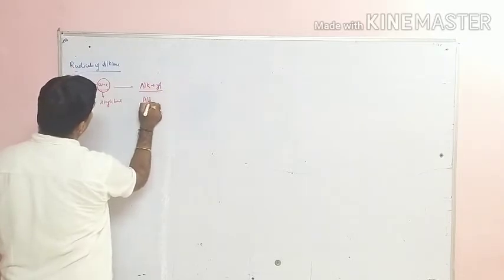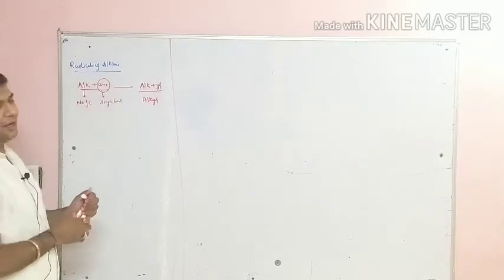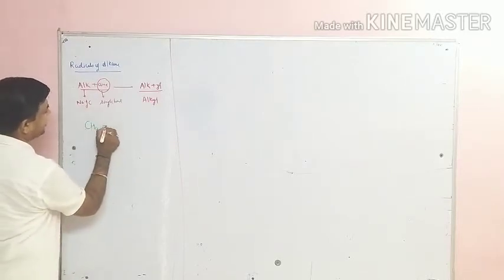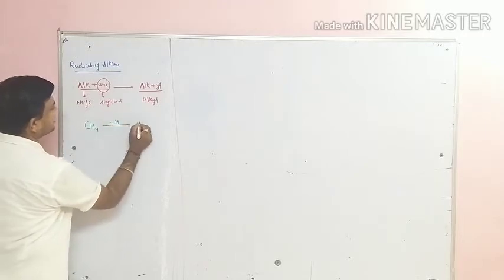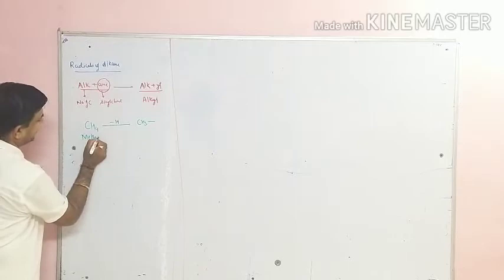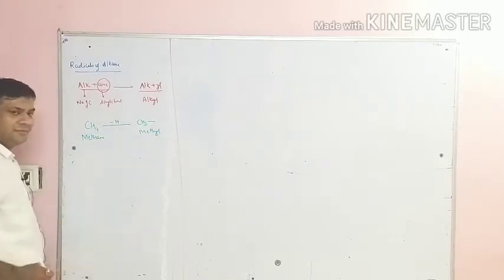So the compound name becomes alkyl. Alkane converts into alkyl. For example, CH4, methane: if I remove one valency, it becomes CH3.